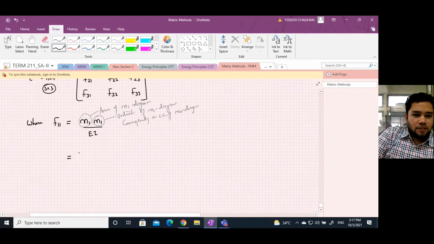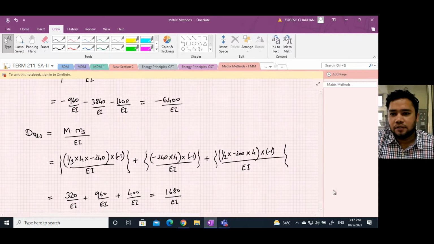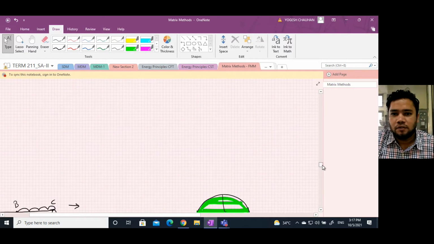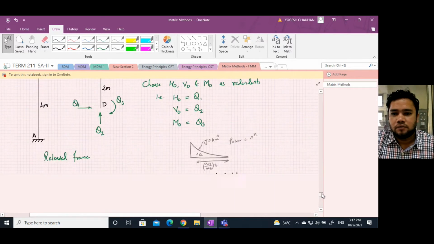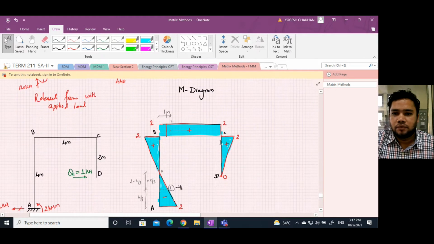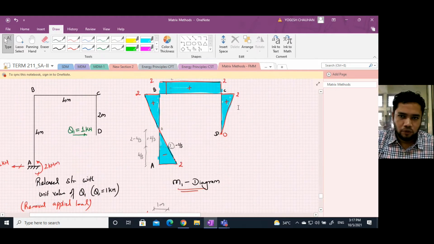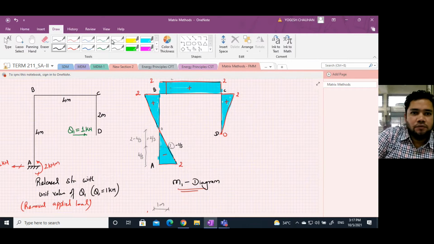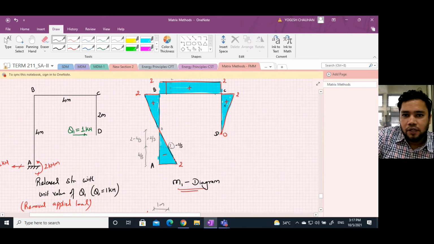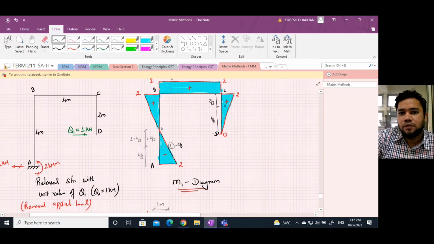So the first part is the triangle. So 1 by 2, base is 2 meter, height is also 2 meter, and the sign is plus. Okay, and the CG of this will be here somewhere, at a distance of 2 by 3 from here and 4 by 3 from this point.